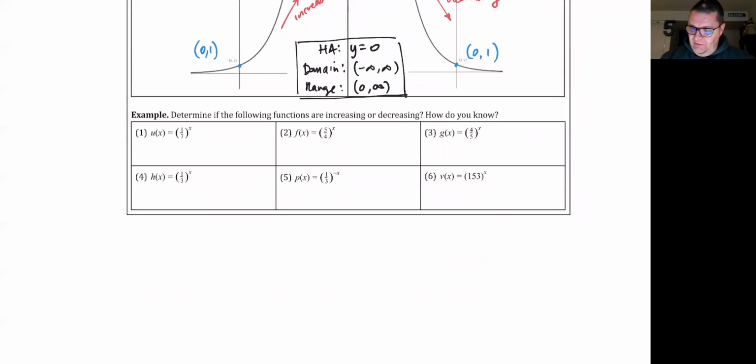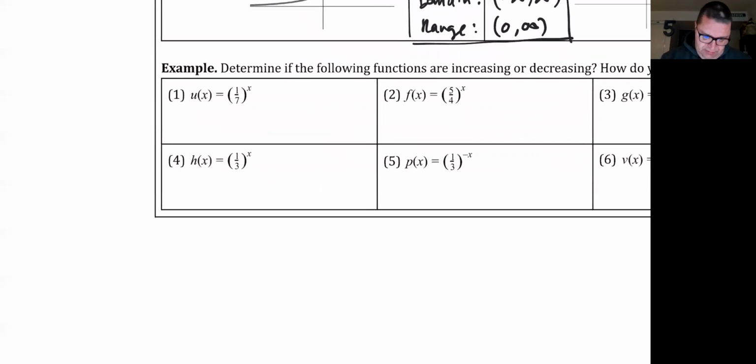Okay, so we have finally our first example where we're just going to determine, without putting this graph on a grapher, if the graph is increasing or decreasing, and we need to say why. So going from left to right across the first row, well, this first one is going to be decreasing, DEC for decreasing.